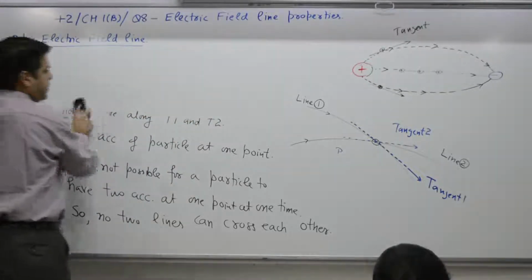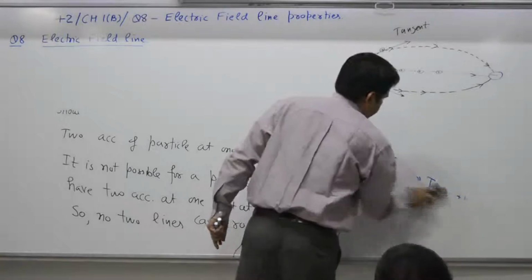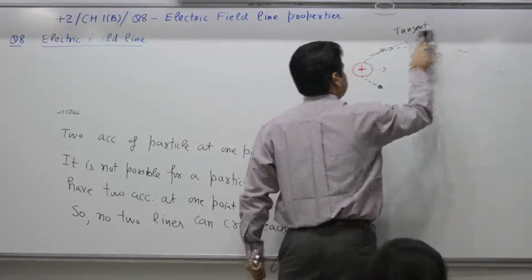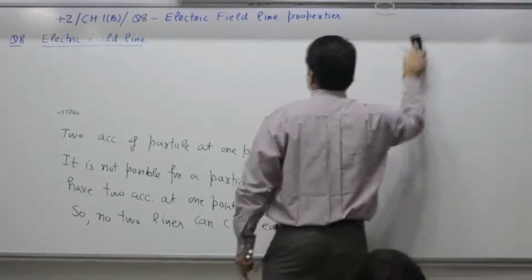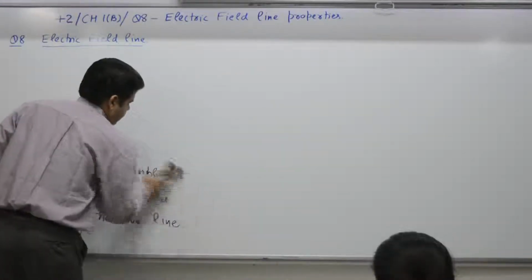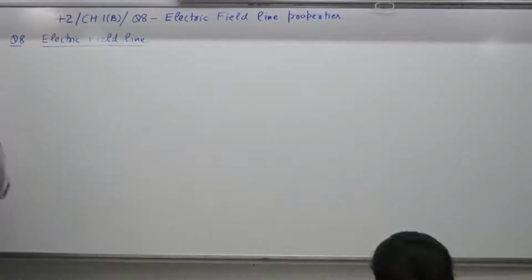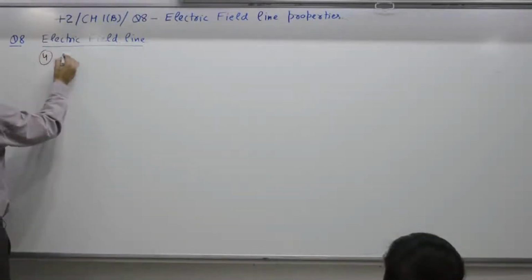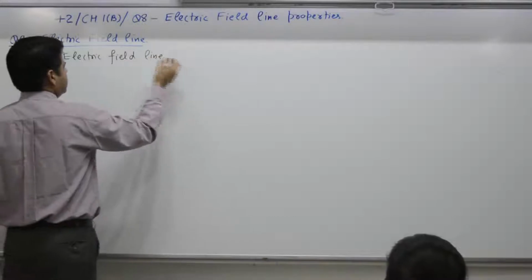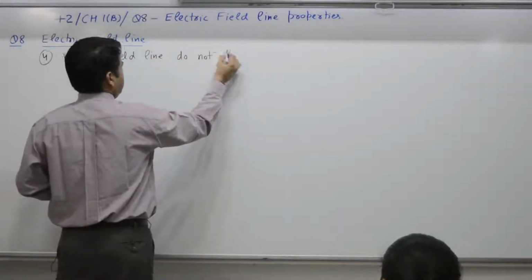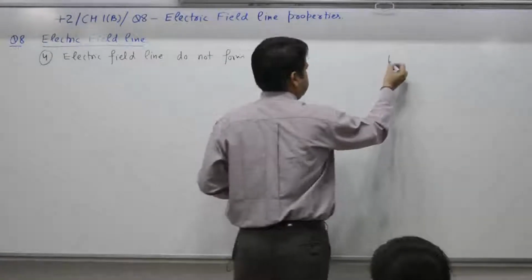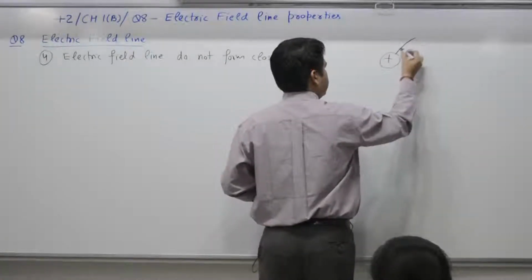Four, electric field lines do not form closed loops. That is for electrostatics. It means there is a positive charge; you start from this point and end up at the same point.